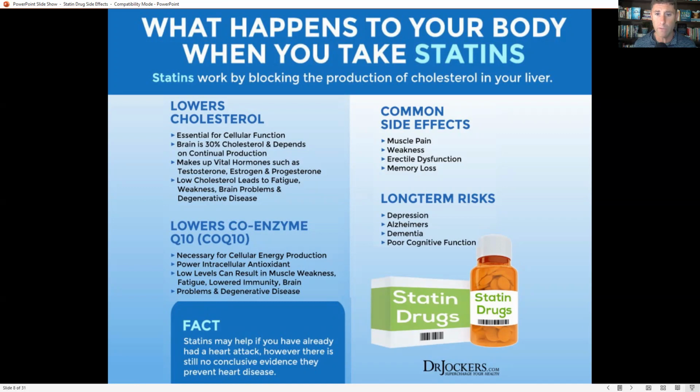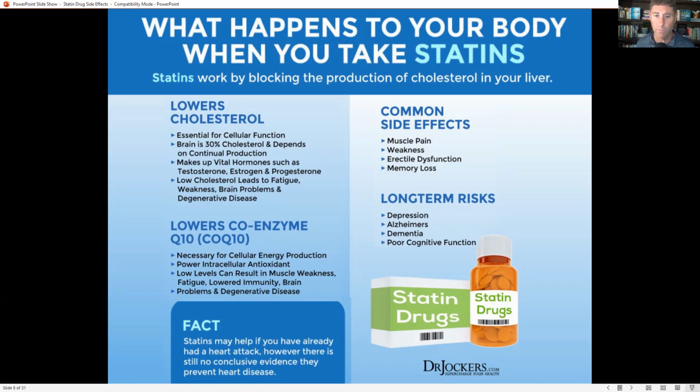And we know that low cholesterol leads to issues like fatigue. And this is just in people whose liver is not producing cholesterol. It's been shown to lead to fatigue, weakness, brain problems, and different types of degenerative diseases. Taking statin medications not only lowers cholesterol, but it also lowers your CoQ10 levels, which is a powerful intracellular antioxidant.